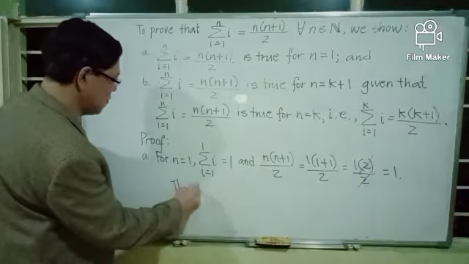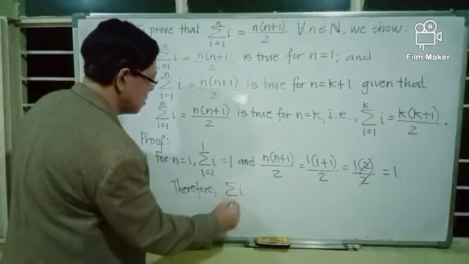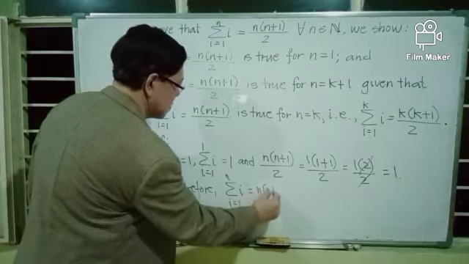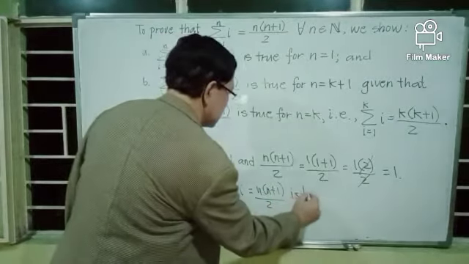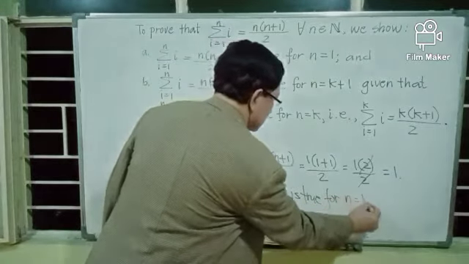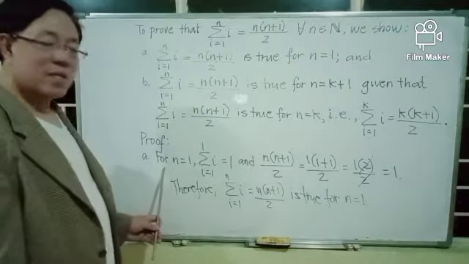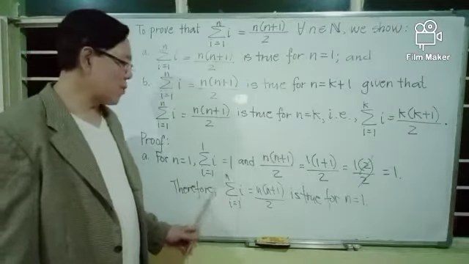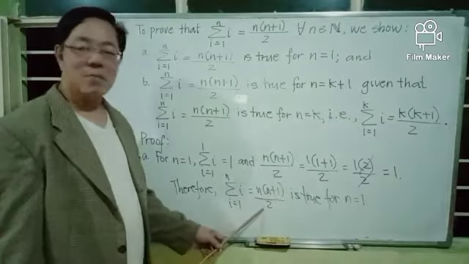Therefore, we conclude that in part A, the first part of the proof, the summation of i for i is 1 to n is equal to n times quantity n plus 1 divided by 2 is true.